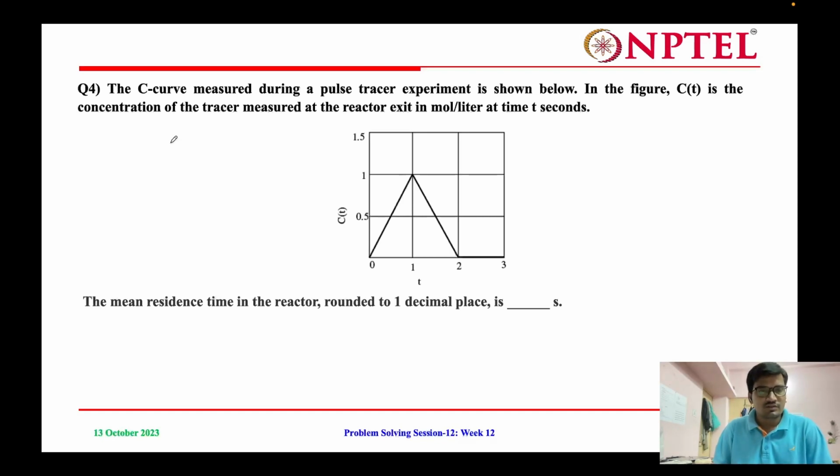Now question number 4, which is a numerical. The C curve measured during a pulse tracer experiment is shown below. In the figure, Ct is the concentration of tracer measured at the reactor exit in mole per liter at time t seconds. This is the graph of Ct versus time.